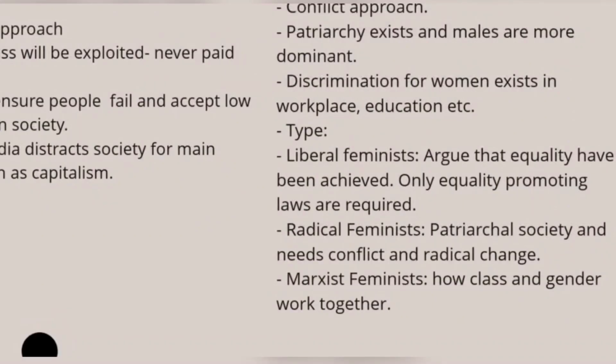Now there are different types of feminists. First are the liberal feminists, who argue that equality has been achieved, only equality promoting laws are required. So they agree that equality is achieved.